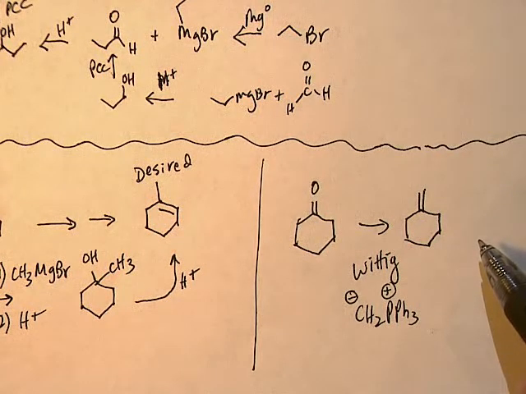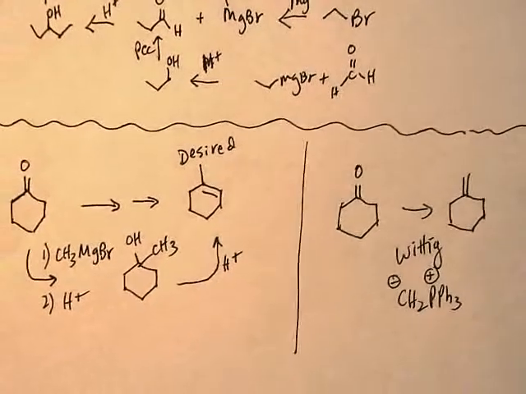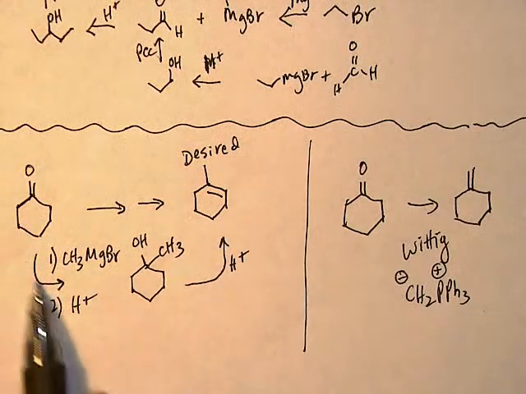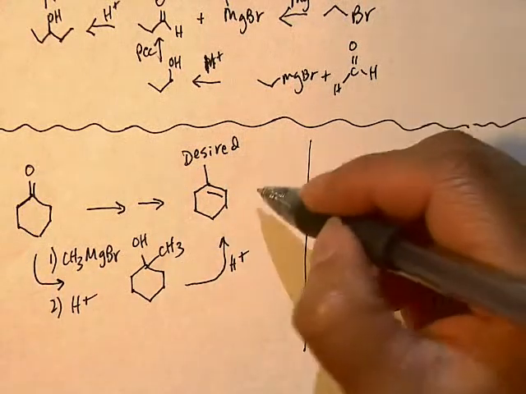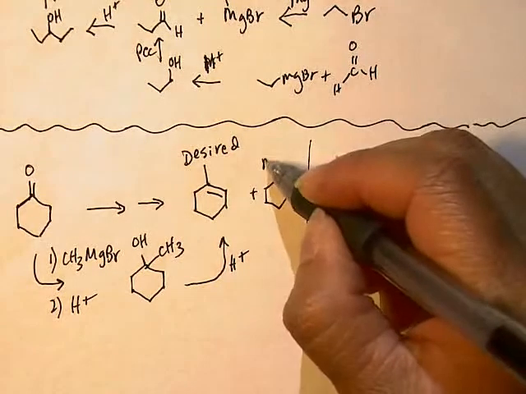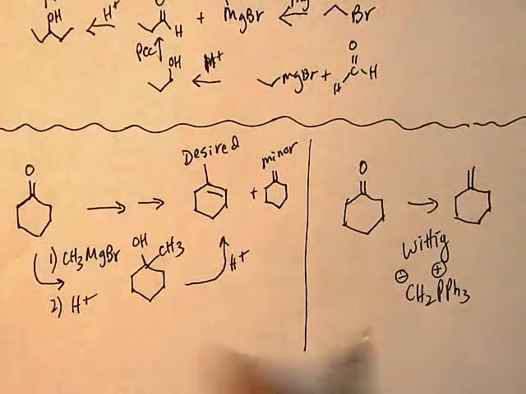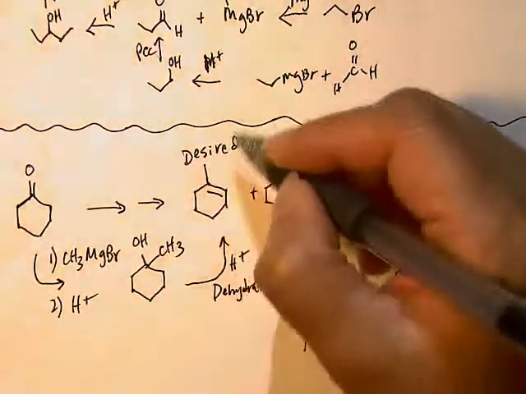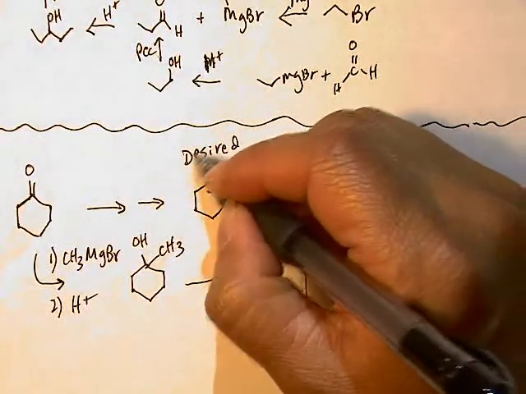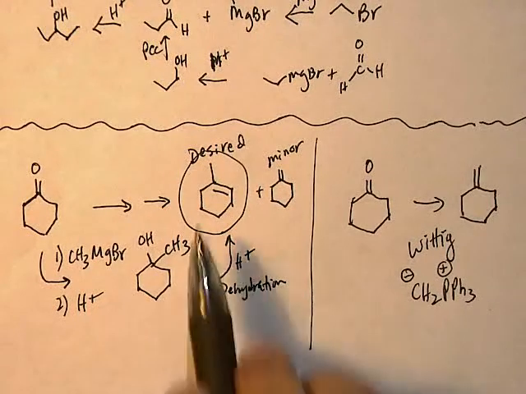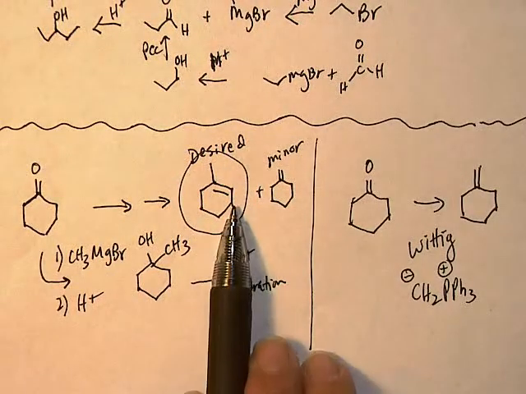So it really depends on which product the problem asks you to make, right? And in this example, if you did it the other way, trying to make this, you will get a little bit of that, but this is going to be a minor product in the dehydration reaction. And this is going to be the compound that you get mostly when you do the dehydration, because this is more substituted. So you wouldn't do it this way.